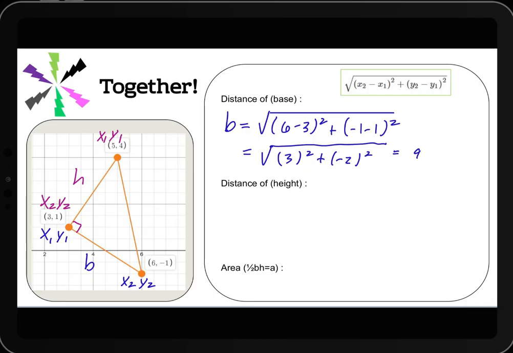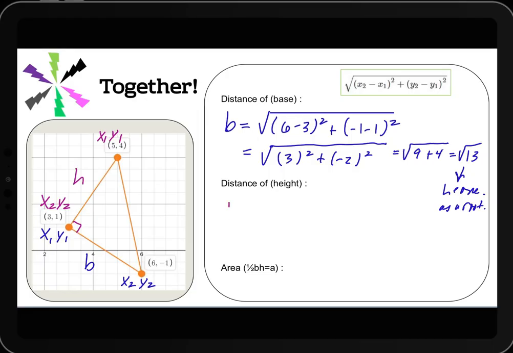So I get the square root of 9 plus 4, and that's the square root of 13. And remember, we want to leave it as a root. Don't actually approximate. We want an exact answer.